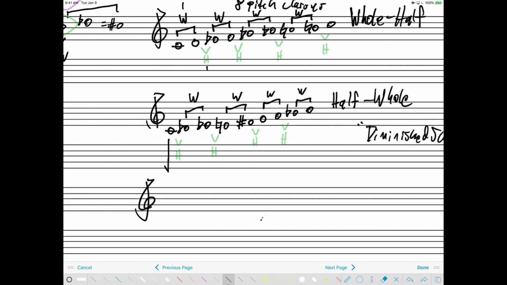So for instance, if we took this scale here we could build a C major chord, we've got C, E, and G. We could build an E flat major chord, E flat, G, and B flat. We could build an F sharp major chord. We've got F sharp here, we've got B flat, and we've got D flat. F sharp, B flat, D flat, or as we would more like to see it, F sharp, A sharp, C sharp. So you can create some interesting harmonies here.